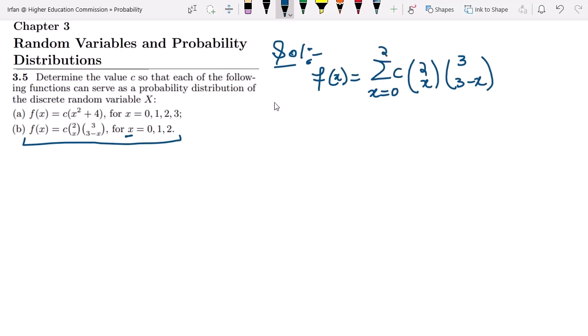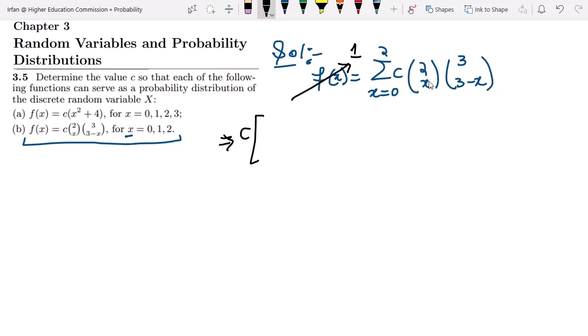Okay, so the same probability distribution, if I want to make it a probability distribution, I have to make this summation equal to 1. So this summation should be equal to 1, because now I am summing all these things, and previously I told you that in a probability distribution all the probabilities should add up to 1. Okay, so let me expand it, and in expanding it, let me first take this c out.